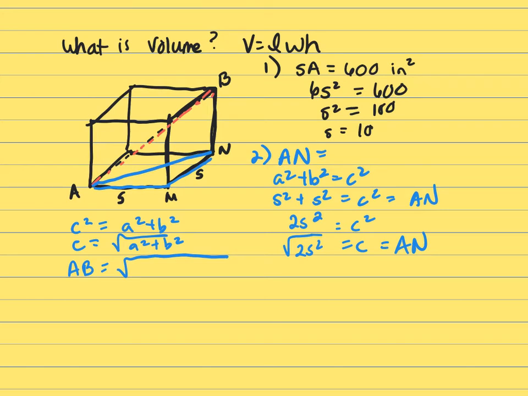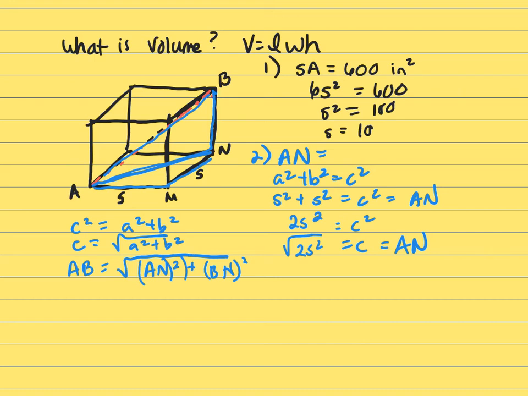That's right. AN is a leg to that triangle running through the cube. Kind of outlined it there. AN squared plus BN squared, BN being another leg of that triangle.